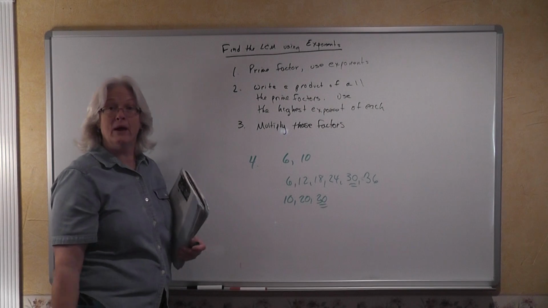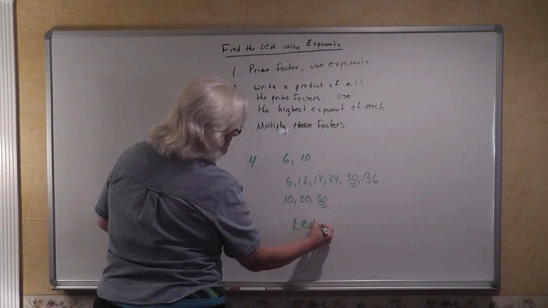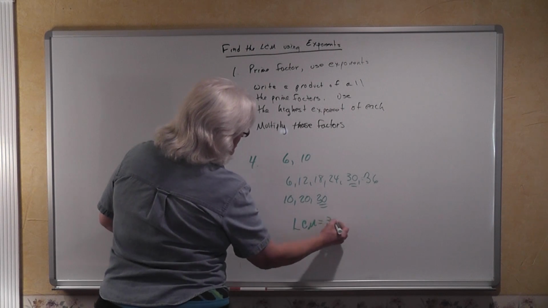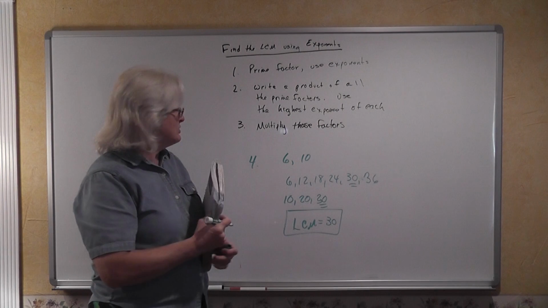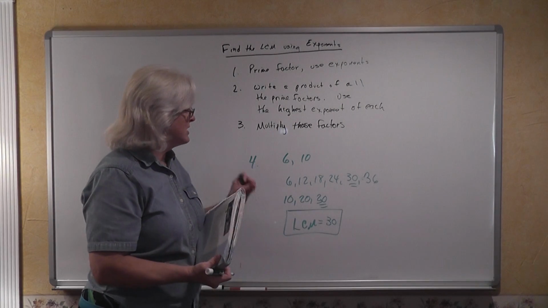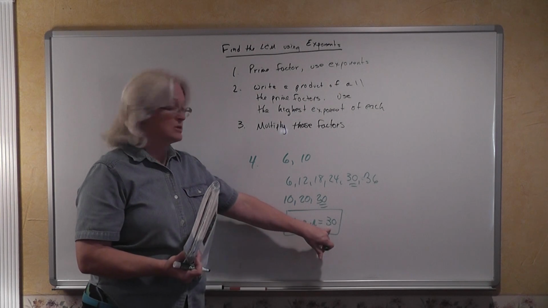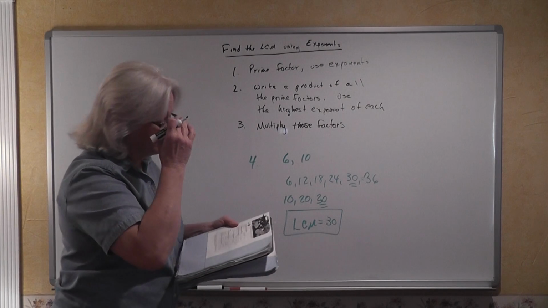And there you have the solution to this problem, where you would say that the least common multiple is 30. You have done what they've asked you to. You have listed the multiples of those two numbers. Then you have to actually tell me that the LCM is 30.